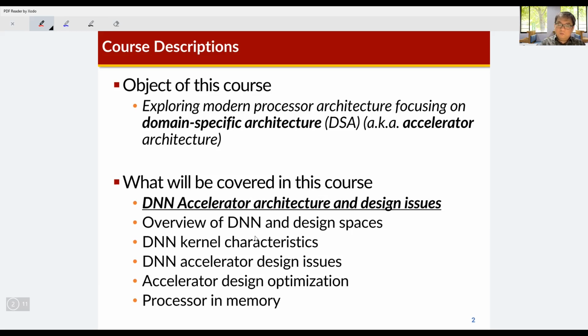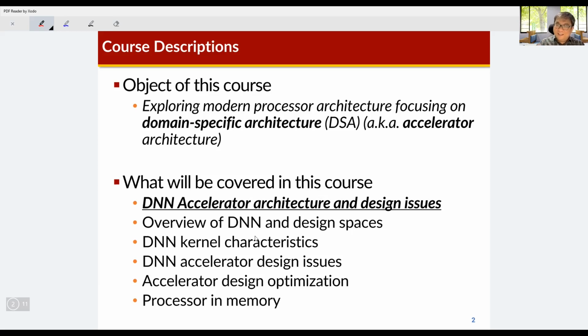So in this course, we're focusing on accelerator architecture, and especially I will teach about the architecture of deep neural network accelerators. This is the first time I teach this topic.